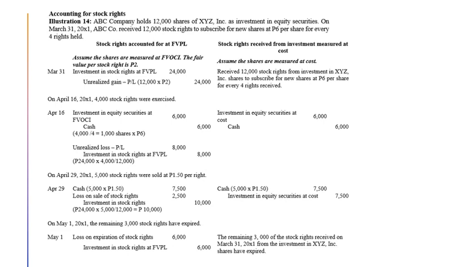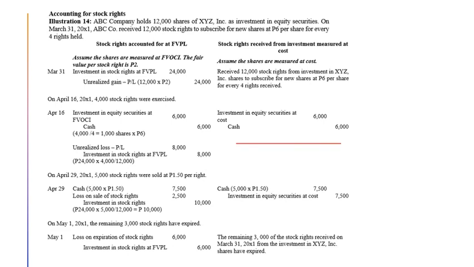So, on April 16, observe yung difference ng dalawa. Ang difference nila is yung account title kasi this time at cost, yung kanina is FVOCI. Yun lang yung difference. Another is wala nang unrealized loss kasi wala naman tayong ni-record na previously unrealized gain. Wala rin tayong investment in stock rights at FVPL. So, yun lang yung entry. Ito lang yung magiging entry.